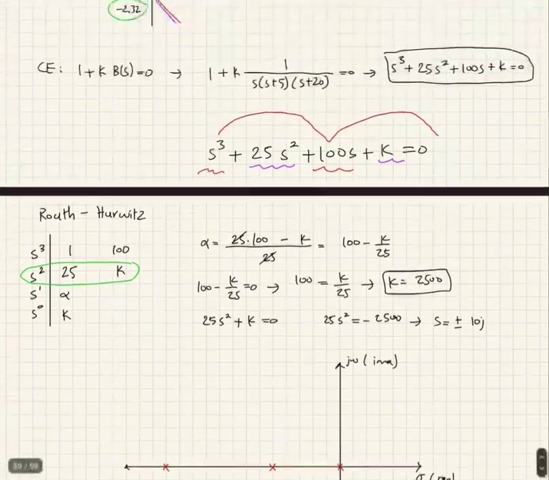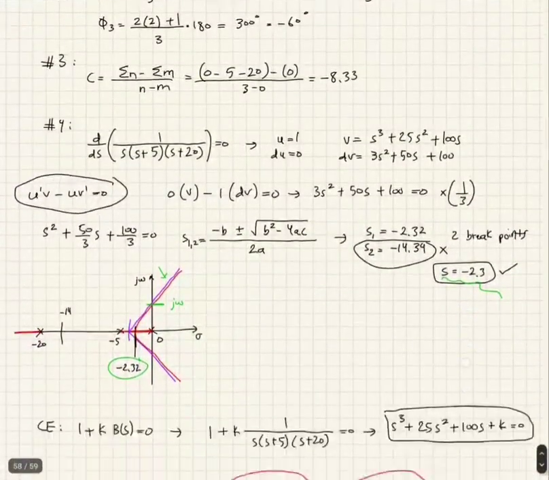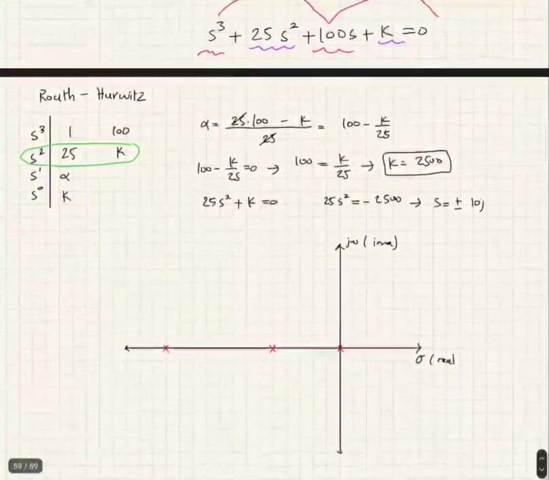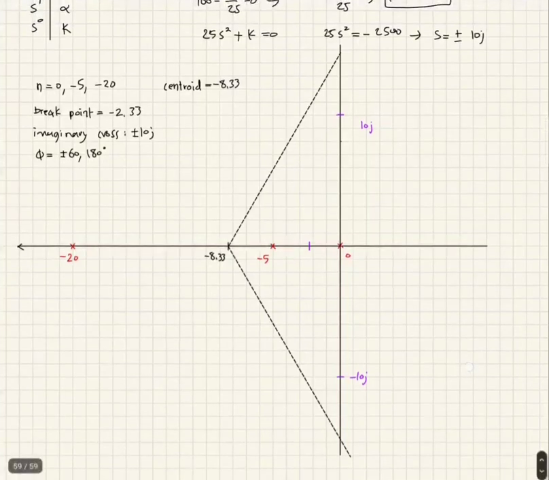And let's see our centroid. So our centroid is at -8.33. All right. So I wrote down everything that we need to draw this root locus. We can see the poles at 0, -5, and -20.